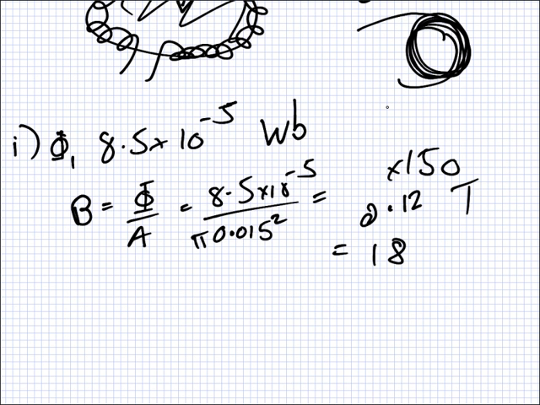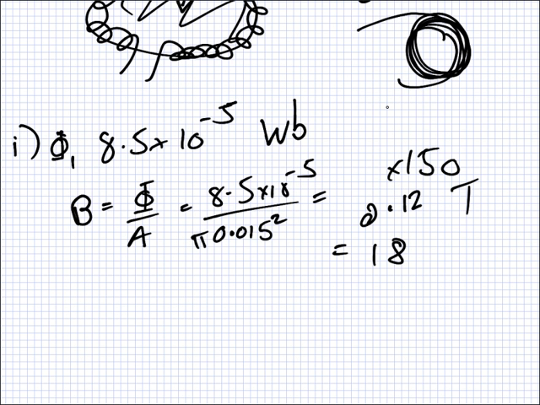Do you have the marking scheme? Yes. What did they do? They times B by the area. The Weber is equal to B. So they divide by 150. Yes, they did.